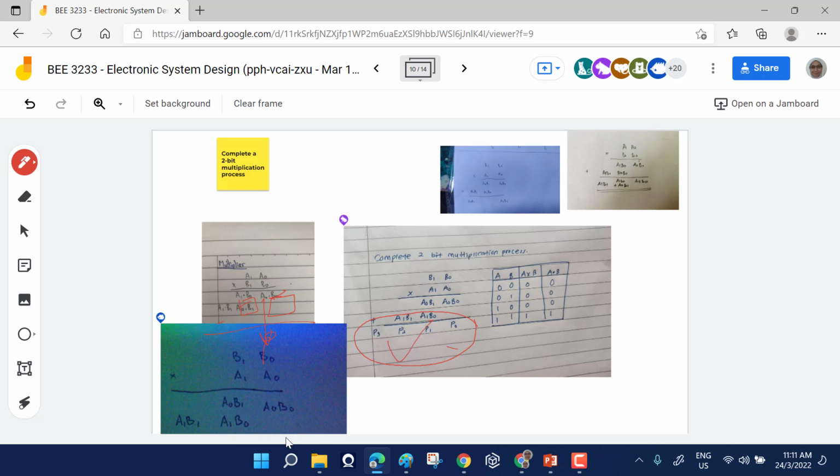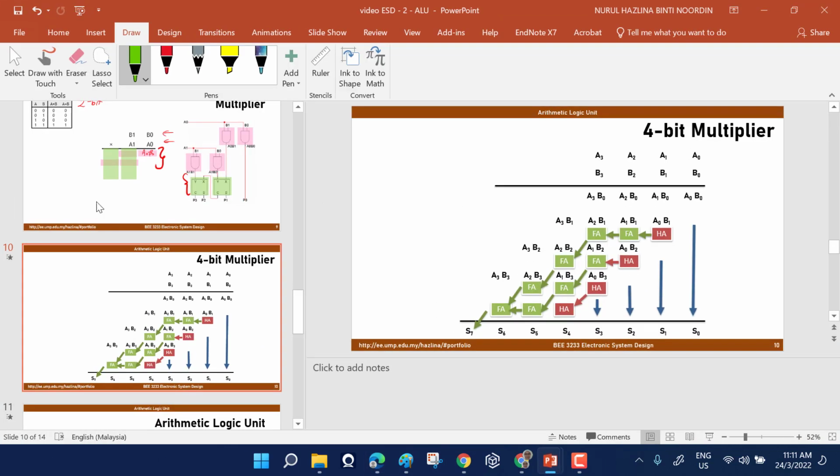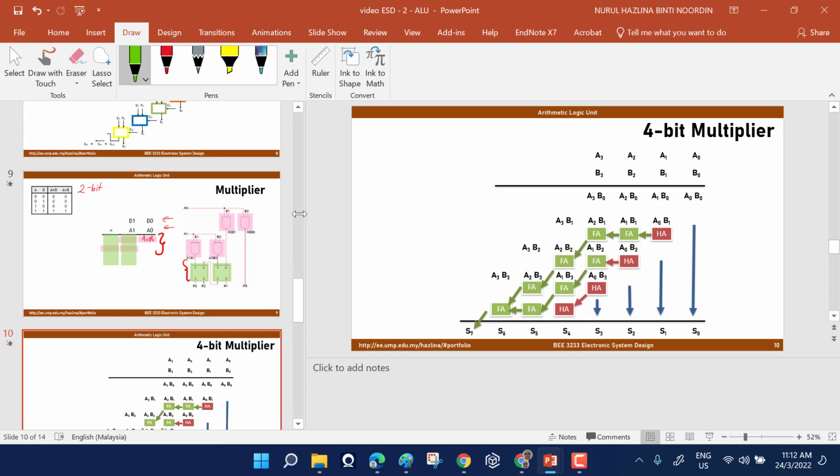Not just up to P2, there must be P3 because there is a tendency to have more. Okay, when it says 2 bits, we will check that the schema will always have something like this. 2 bits means the first number requires 2 bits, the second number also requires 2 bits. Okay, if it says process only, showing this mathematics is enough. If it says design a circuit, design a 2-bit multiplication or multiplier, the answer needs to have something like this. I would expect to see some gates involved. Something like this.